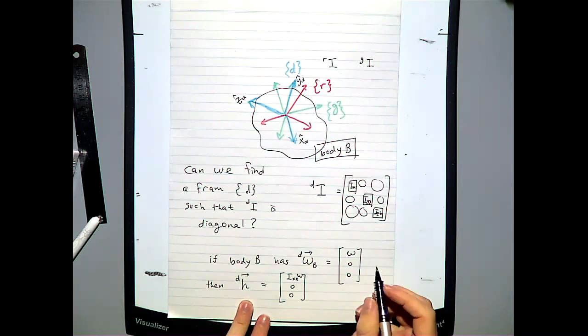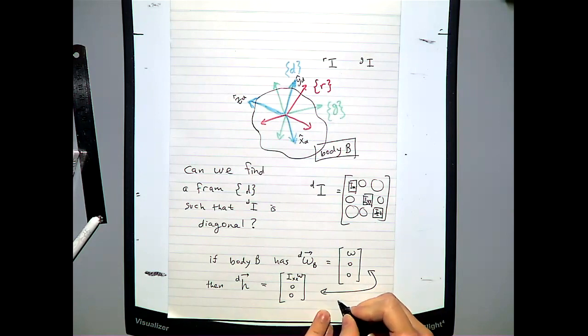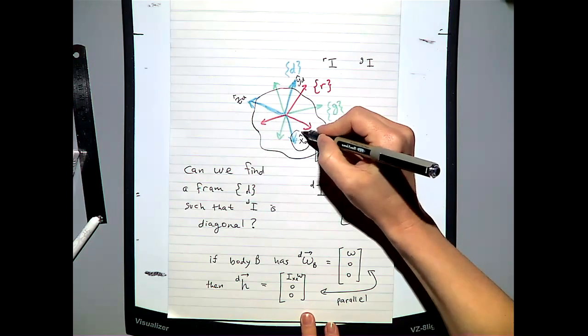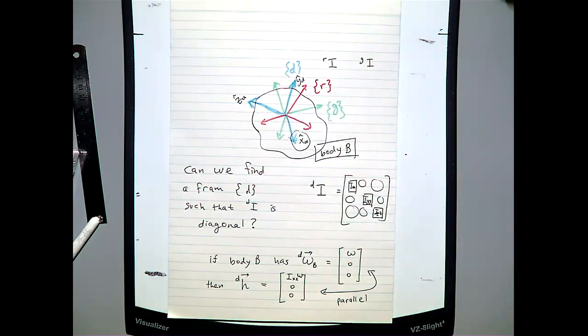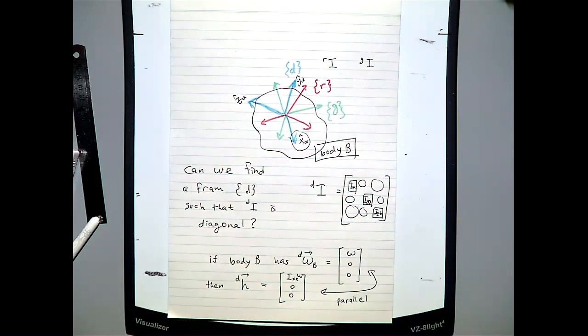So what we get is that this and this are parallel. And they are also parallel to this xd axis, which is one of the principal axes. And you could do the same for yd and zd.